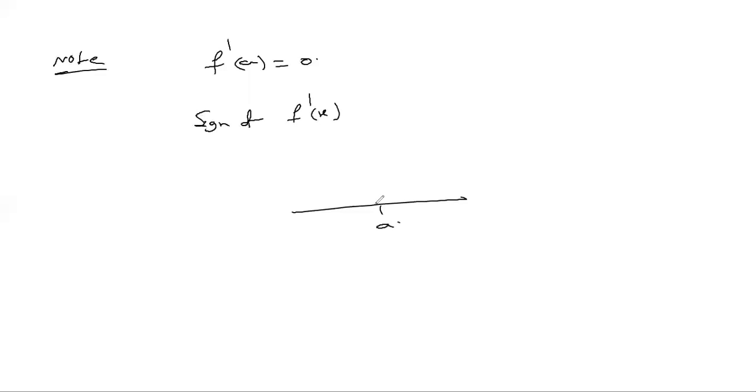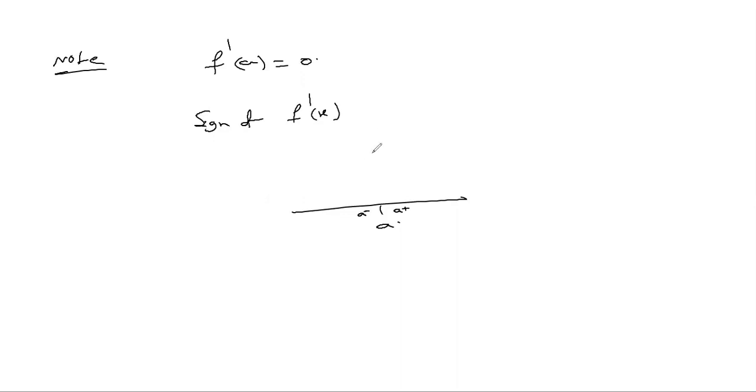This is point A. This is plus, this is minus. That means this is a plus, this is a minus. Understand? A plus and a minus mean right hand limit and left hand limit. Like that we can consider.